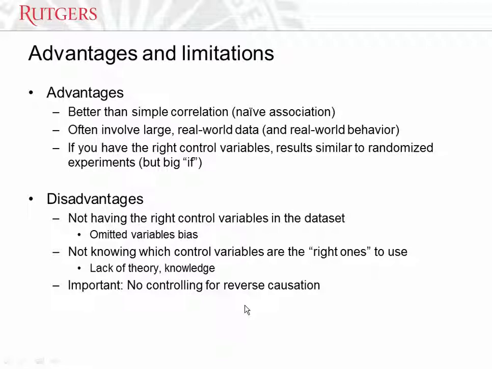If for some reason, particularly with cross-sectional data, causation works the other way around, let's say performance is related to the existence of charter schools in a district, and we don't have any sort of time order or any kind of longitudinal data to tease apart which comes first and which comes second, then there's nothing we can do, even with the use of control variables, to figure out the reverse causation problem.